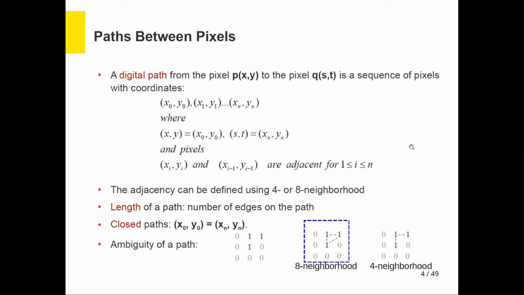The adjacency becomes important because depending on the type of adjacency that we are using, we can have different paths between two pixels in the image.